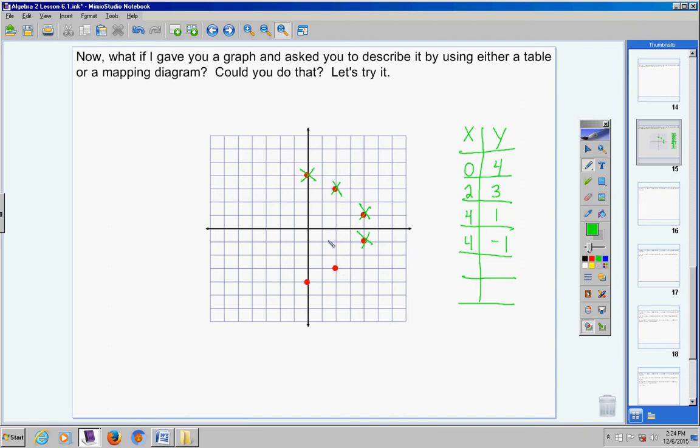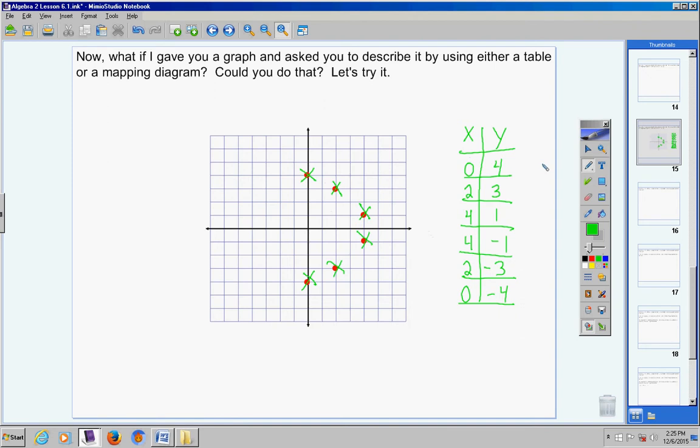This ordered pair here is over 2, and it's down 3. So 2 to the right, positive 2, down 3. This ordered pair here is not to the right or to the left. It's right in the middle, so 0, and it's down 4, so negative 4. And there we go. Okay, so guys, that's really simple. We just took a graph and described it by using a table of values.